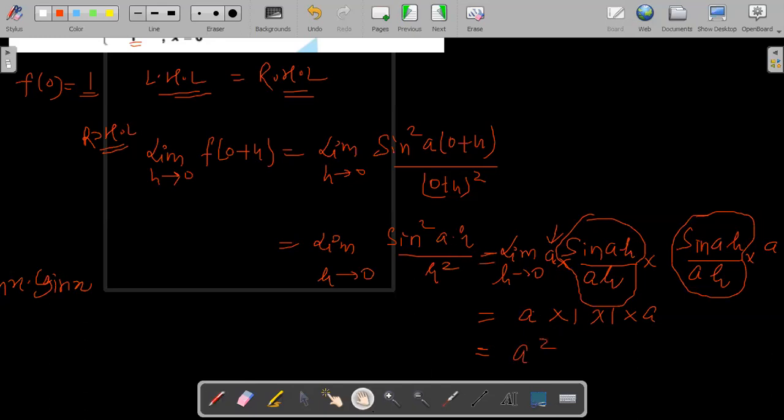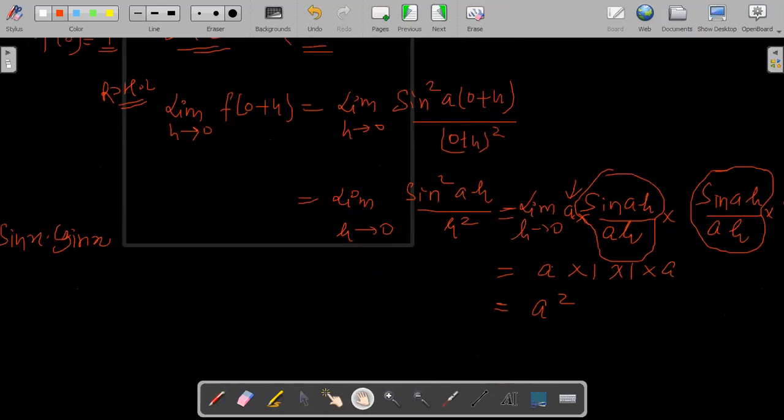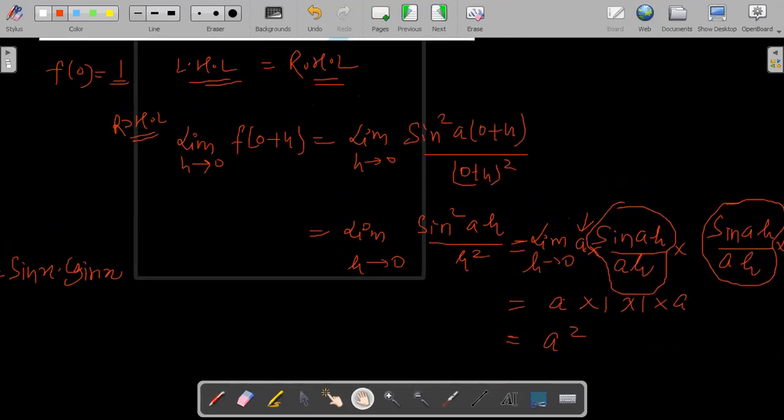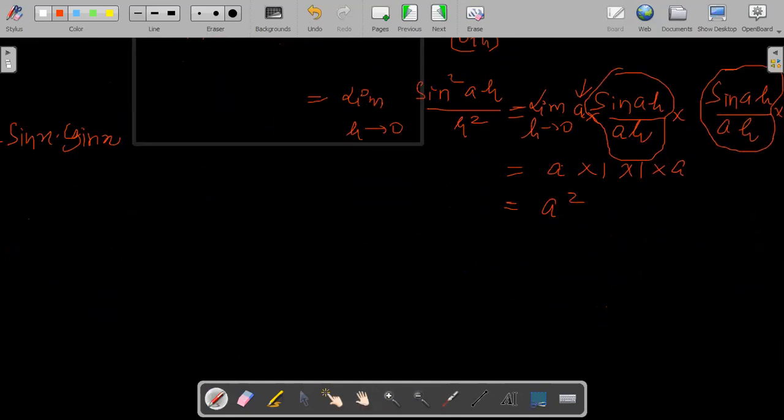So yes, RHL we are getting a square, LHL we will also get a square, and value of limit is 1. That means a square is equals to 1.